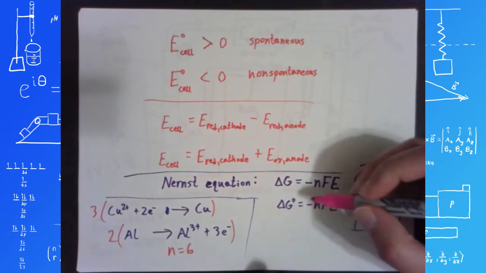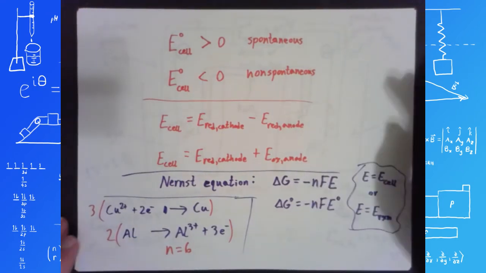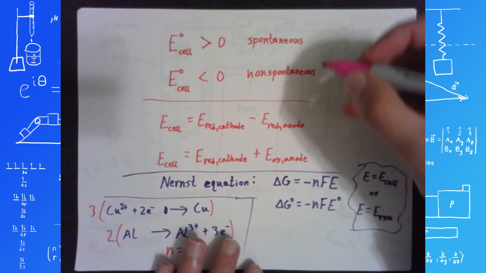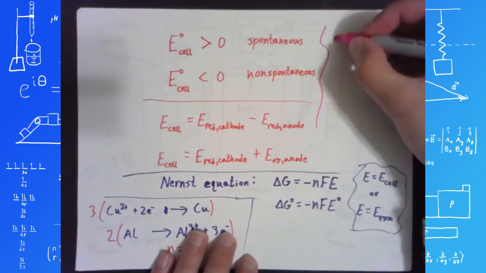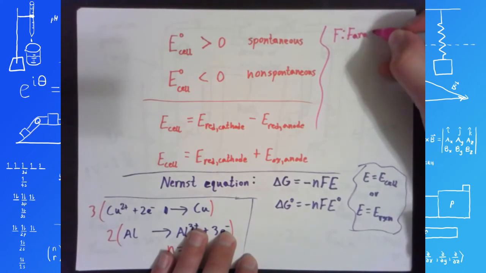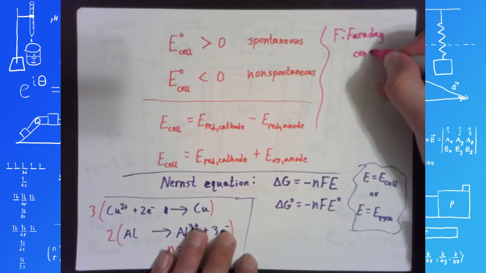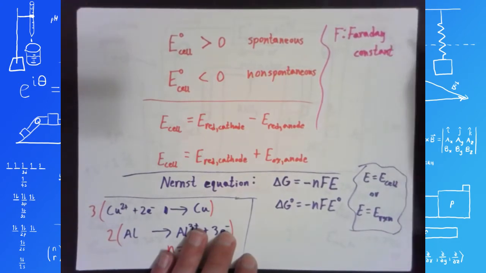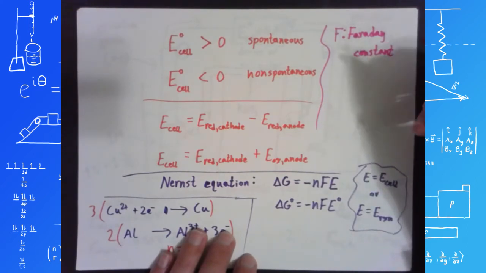Okay, so that's the N value. What about F? F is what's known as the Faraday constant, named after Michael Faraday. It's basically the number of coulombs of charge in a mole of electrons.